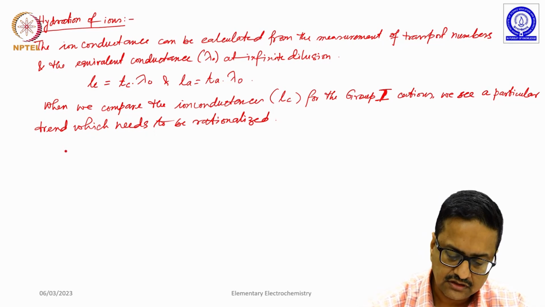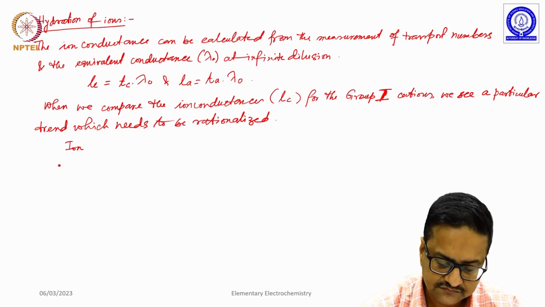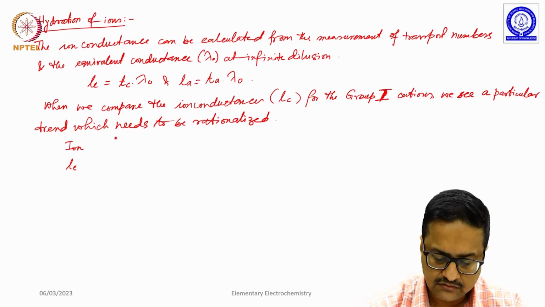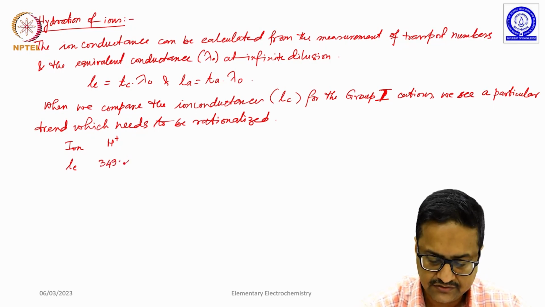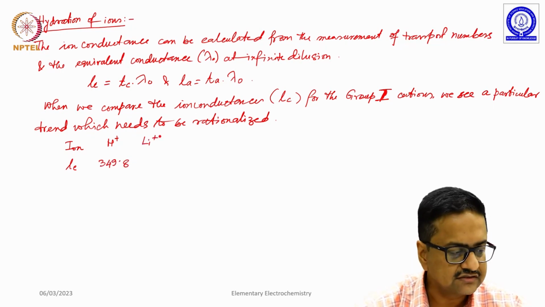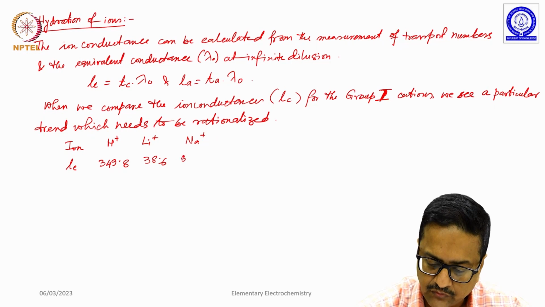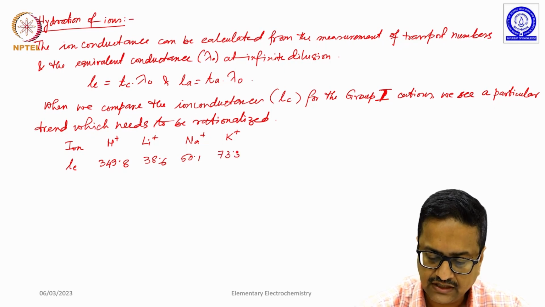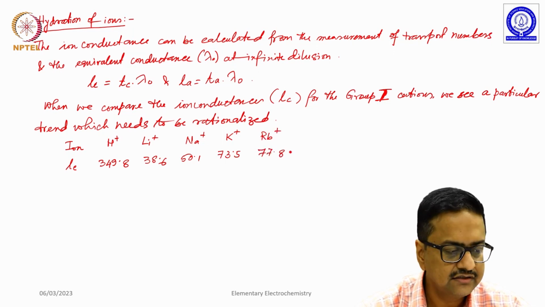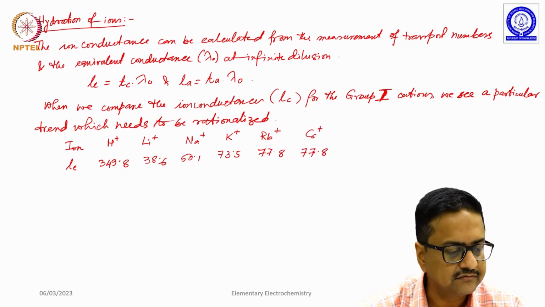We see that if I write down the corresponding ions and their ion conductance values for different ions, H plus the value is 349.8, Li plus is only 38.6, Na plus is 50.1, K plus is 73.5, Rb plus is 77.8 and Cs plus is again 77.8.